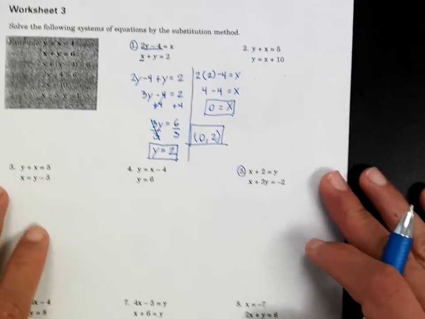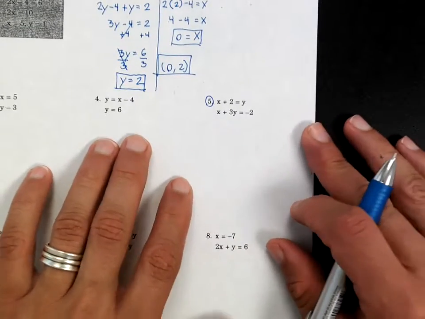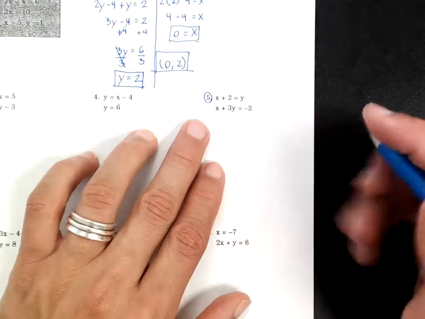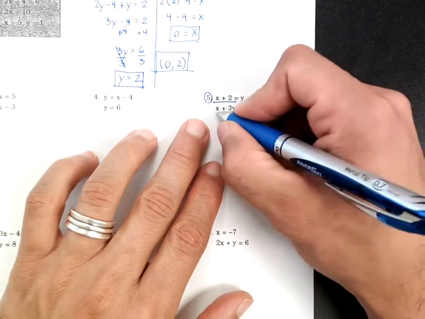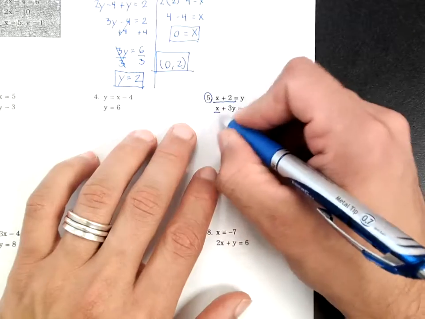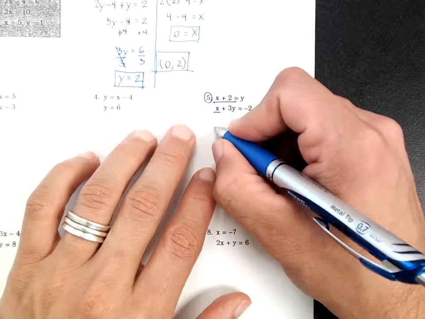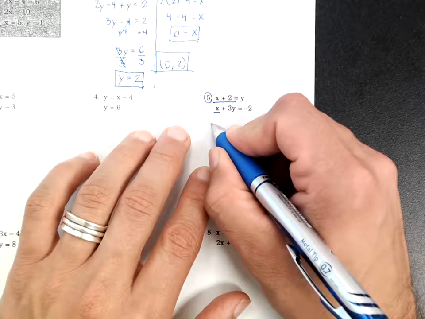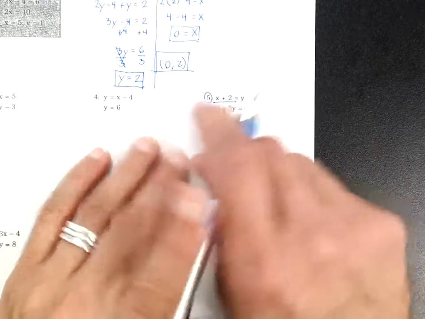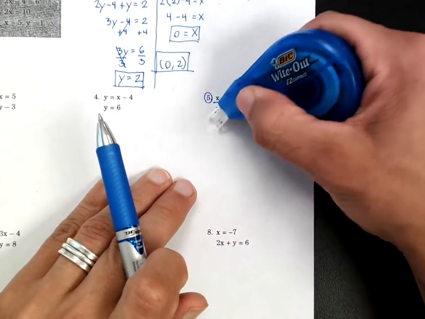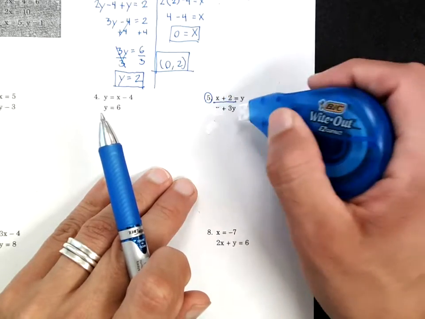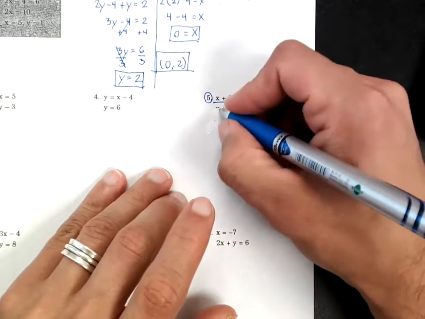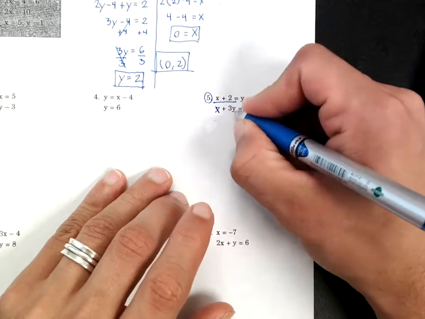Right, let's do one more. Let's quickly do one more. Number 5. If I have y is equal to x plus 2, I'm going to plug that into here. Alright, so this right here becomes, instead of x plus 3y, it'll become, excuse me, I kind of did that wrong. I'm not going to plug it into there. I'm going to plug it into here.